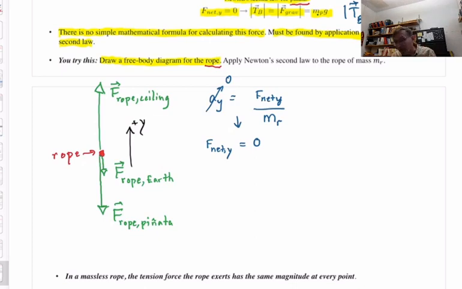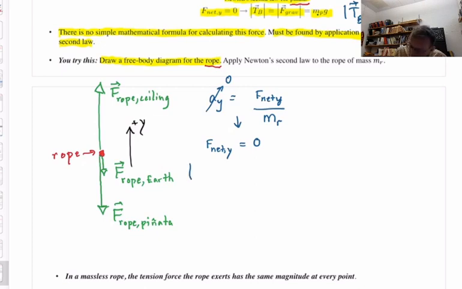Well, in a free body diagram like this, where the forces are either vertically up or vertically down, the vector addition, the F net y, is pretty straightforward to write down. The magnitude of the one upward force must be equal to the sum of the magnitudes of the 2 downward forces. Vector addition is pretty simple when they're either vertically up or vertically down like that. So let me write that.